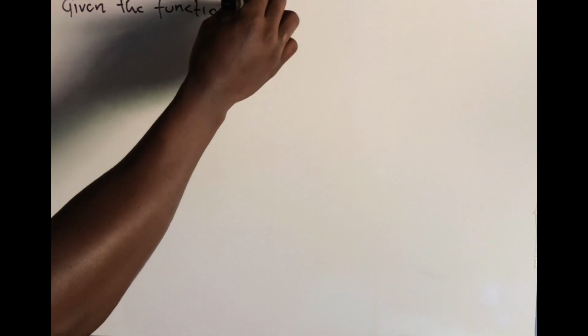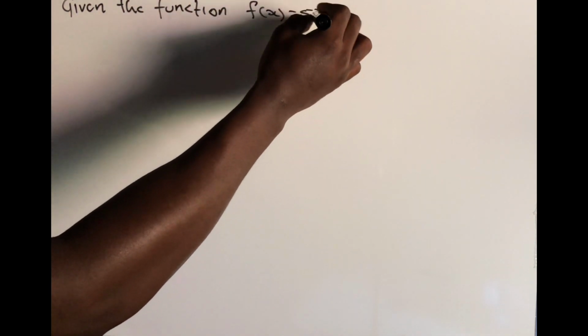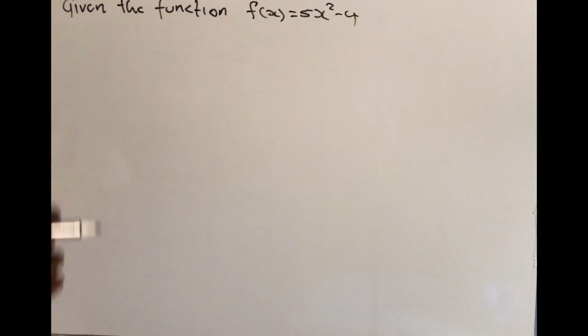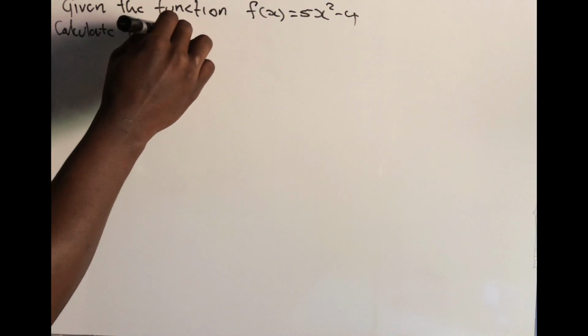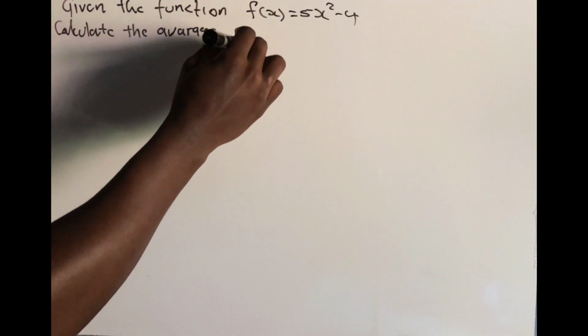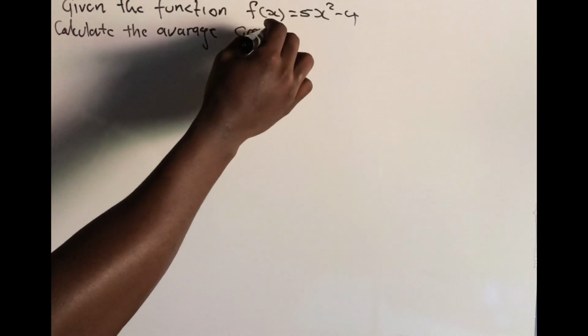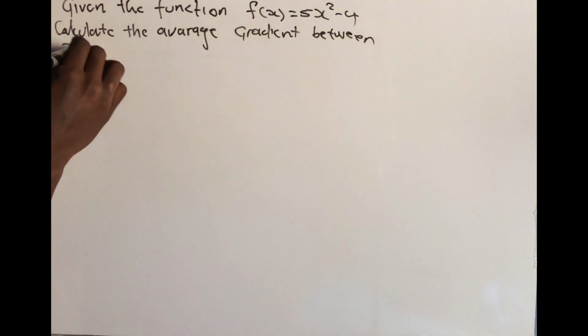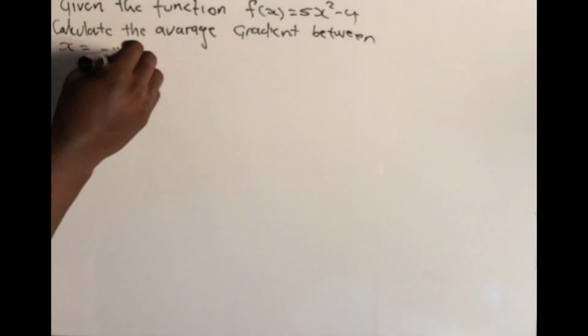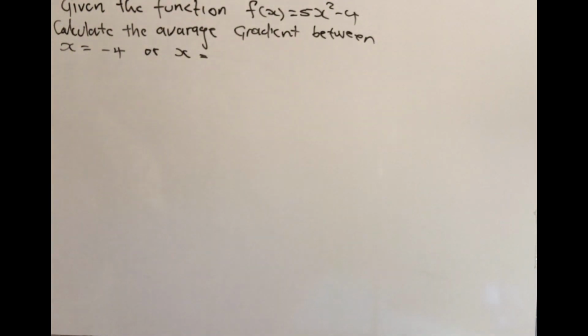Let's look at a practical example that they might ask you in an exam or a test or whatever the case may be. I'll say, given the function or graph f of x equals 5x squared minus 4, calculate the average gradient between x equals negative 4 and x equals, say, negative 1.